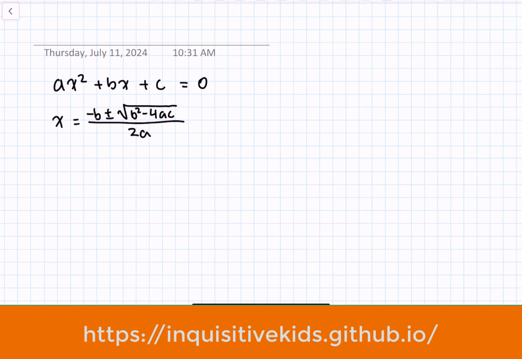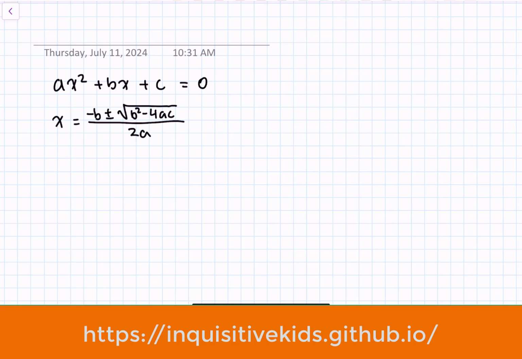So if we were factoring it, like x plus and then x minus something equals 0, the x values we can find by using this equation. So that's called the root of the quadratic equation.